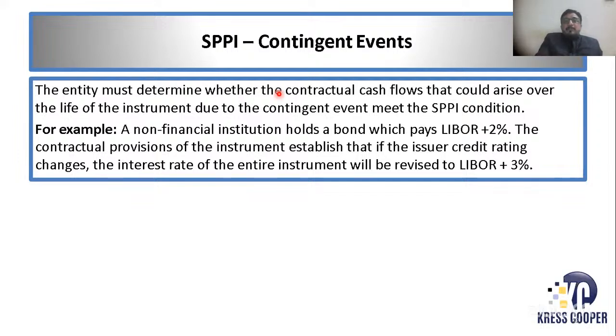So the entity must determine whether the contractual cash flows that could arise over the life of the instrument due to the contingent event meet the SPPI. For example, a non-financial institution holds a bond which pays LIBOR plus 2%. The contractual provisions of the instrument establish that if the issuer's credit rating changes, the interest rate of the entire instrument will be revised to LIBOR plus 3%. So it will remain SPPI because it is a contingent event which is already mentioned in the contract.